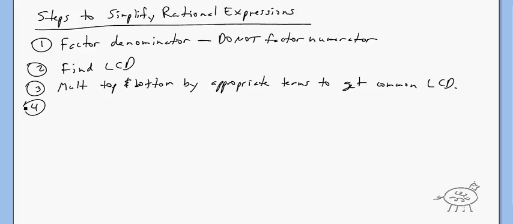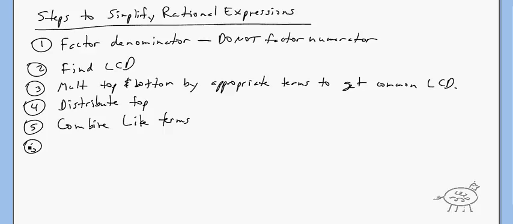Okay, fourth step, distribute the top. Fifth step, combine like terms. Sixth step, factor the top if possible. Doesn't always happen.